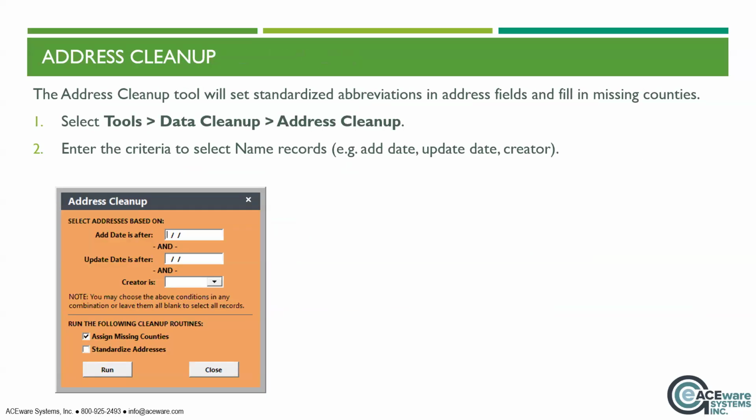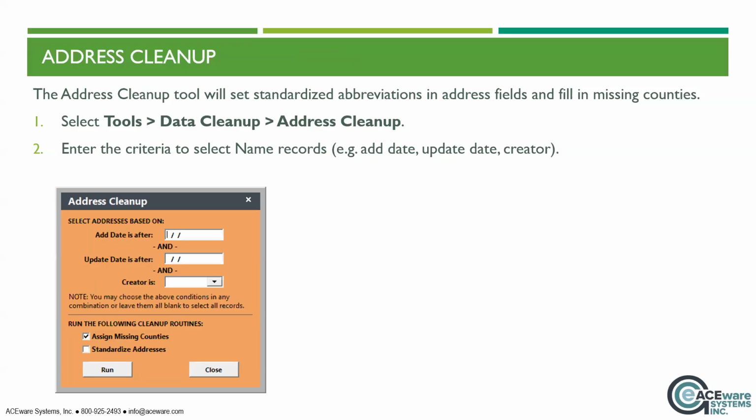Address cleanup tool. This is just going to update standardized abbreviations. It is not going to add records. It does not allow you to do a mass update of everyone's addresses. Unfortunately, if an individual moves, you can't just build up a list and then have all of those changed at one time.